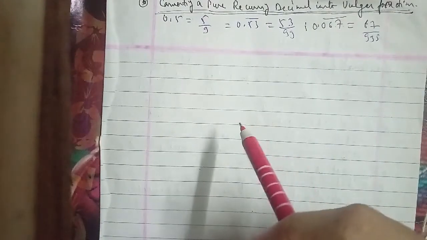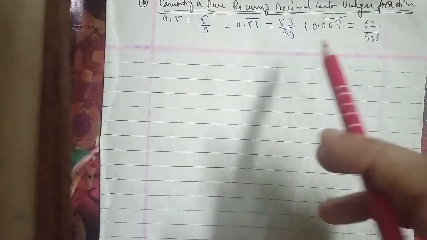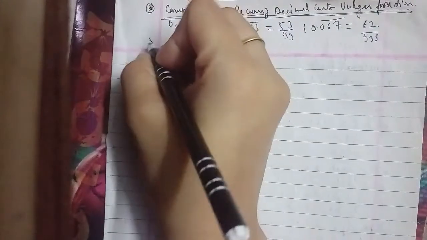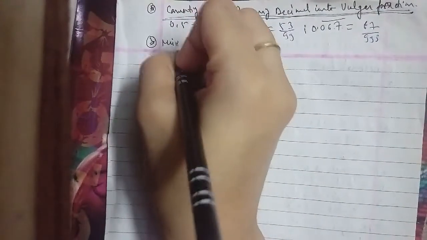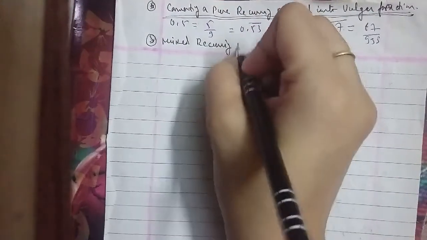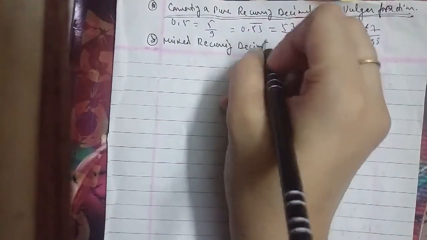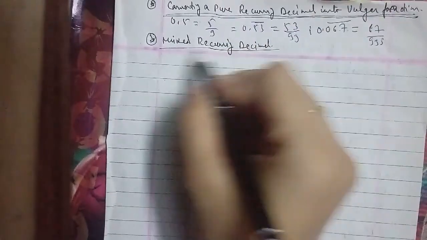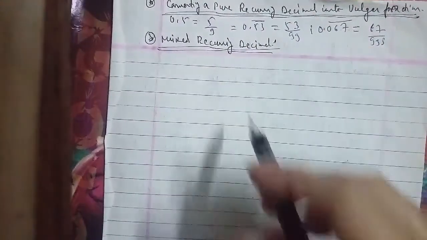Now we'll talk about the mixed recurring decimal. A mixed recurring decimal is a decimal fraction in which some figures do not repeat and some of them are repeated.